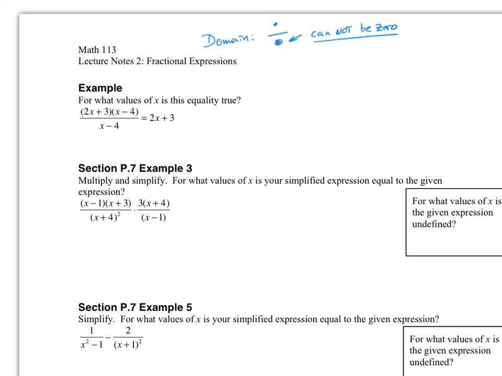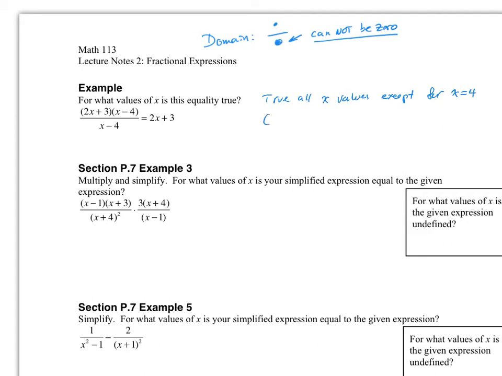Here it is asking for which values of x this is true. Well, this function has the issue that you divide by 0 when x is equal to 4. So when is this true? This is true for all x values except for x equals 4.